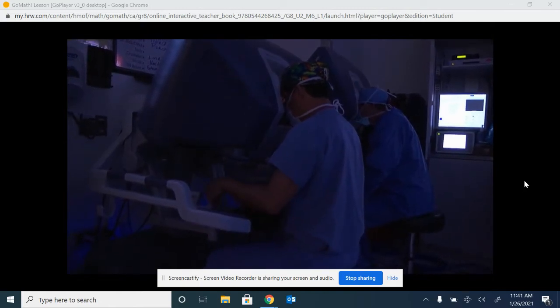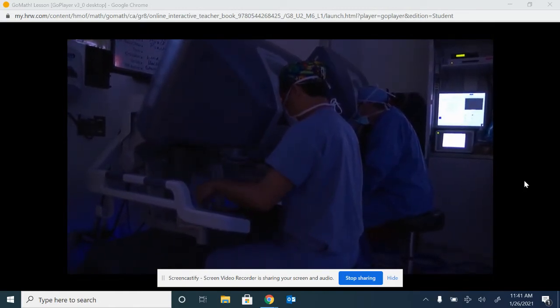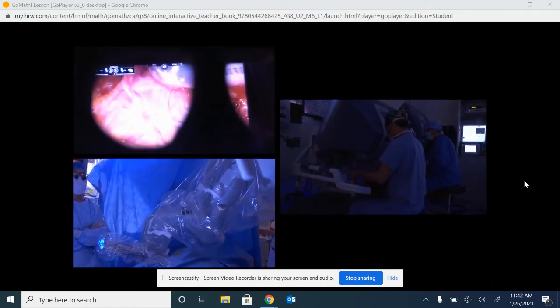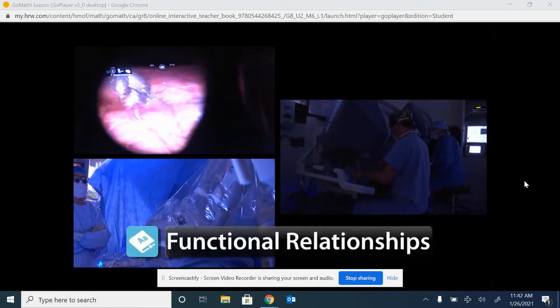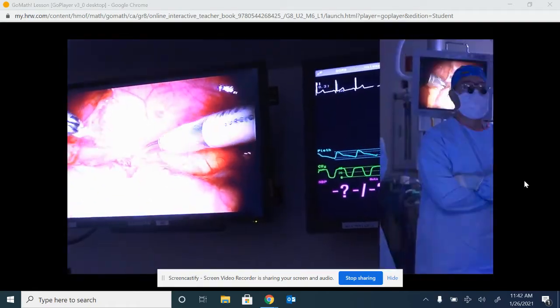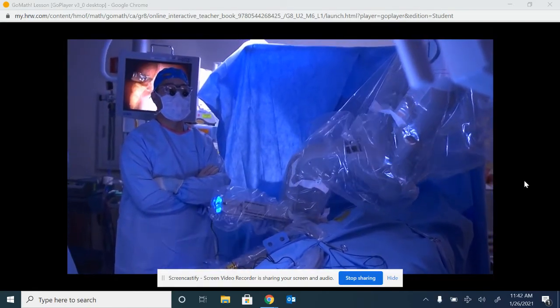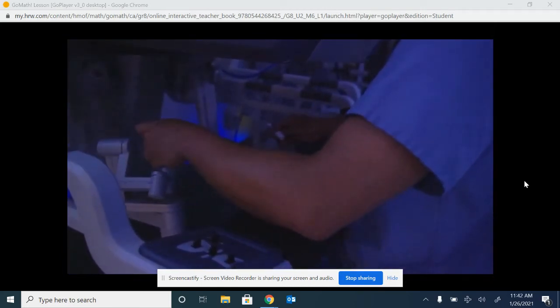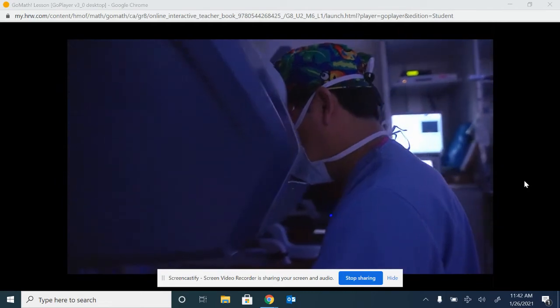Let's take a look. Just like a video game system, this one has a console. Each action or input has one result or output. We call this in math a functional relationship. Every time the doctor moves the controls in one direction, Wally translates this same action on the patient. And just like a video game, every action has the exact same reaction every time you make it.